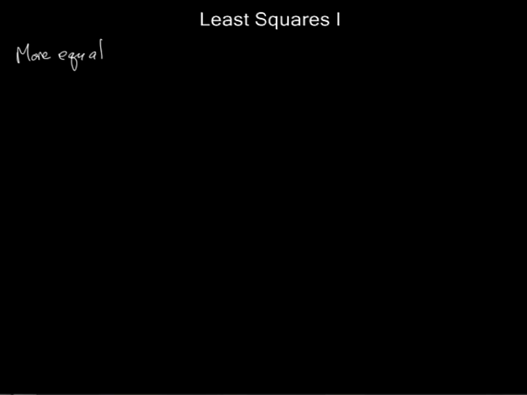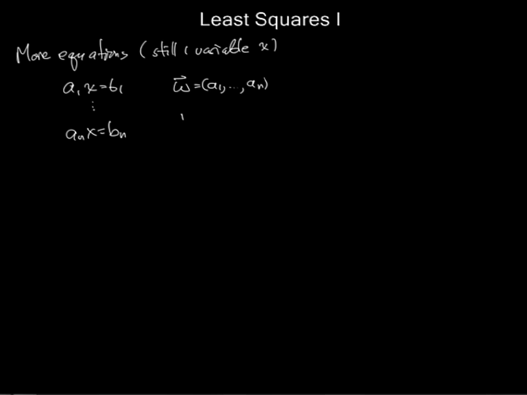Okay, let's generalize this now. Let's look at more equations, but still just one variable x. So suppose we have n equations, a1x equals b1 down to anx equals bn. So we'll take w to be this vector (a1 through an), and v is the vector (b1 through bn), and we're looking to solve the equation x times w is equal to v.